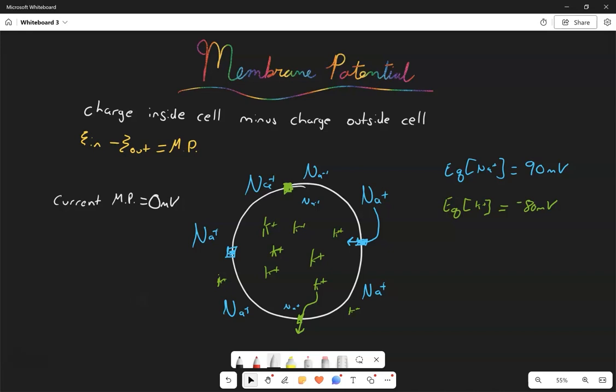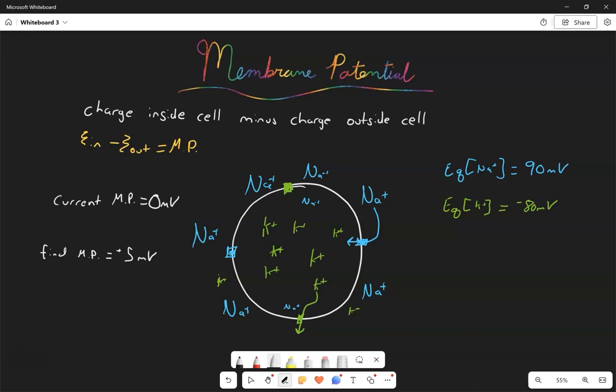So the final membrane potential as the ions move is going to be somewhere in the middle of those two values. Let's say it is positive 5 millivolts, a happy medium between our 90 and our negative 80.